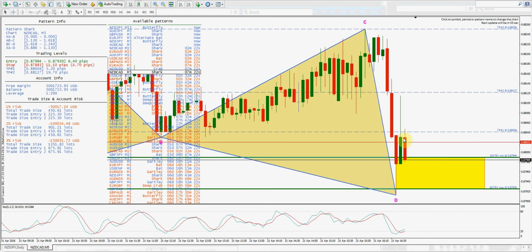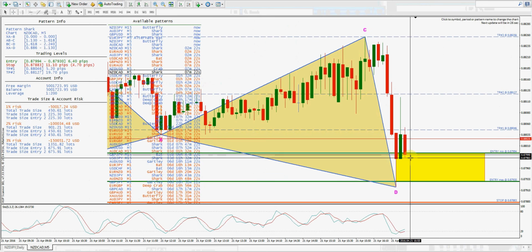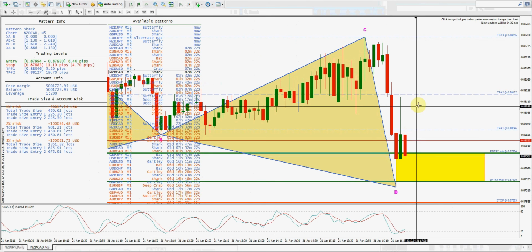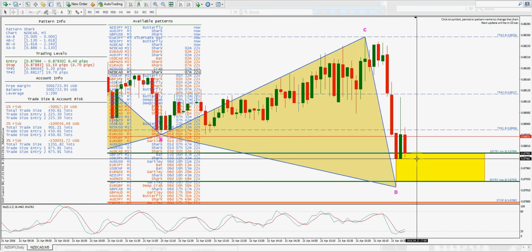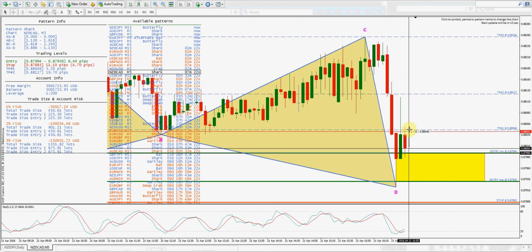Hey, folks, I just wanted to show you this NZD CAD trade. This would be a really interesting trade to take if I was trading Forex right now. I'm not going to trade it with binary options. I'm waiting on the other currency pair to close, but this would have been a very interesting spot to go ahead and jump in.